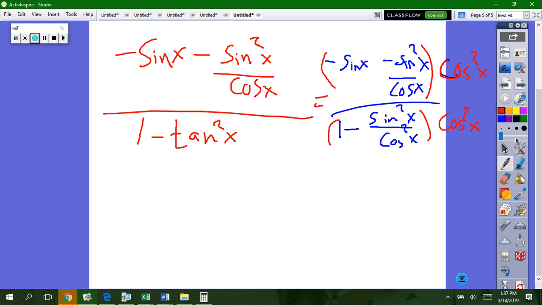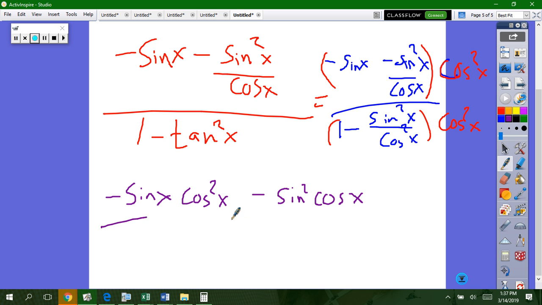So the top will become negative sine, minus sine squared cosine. Can anybody tell me why I only have one cosine, not a cosine squared? Because I have a cosine squared on top, but one cosine down below, so that allows me to get rid of one of those, right?